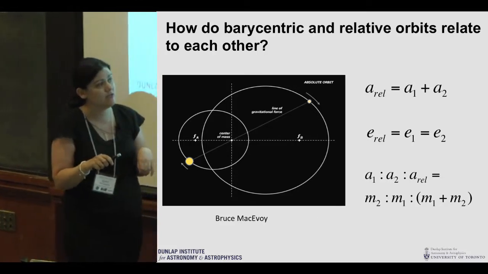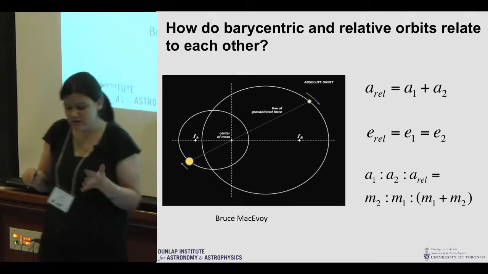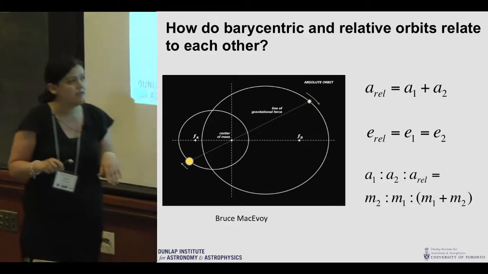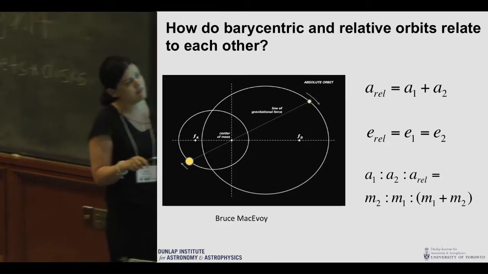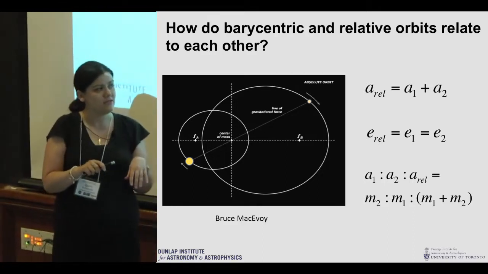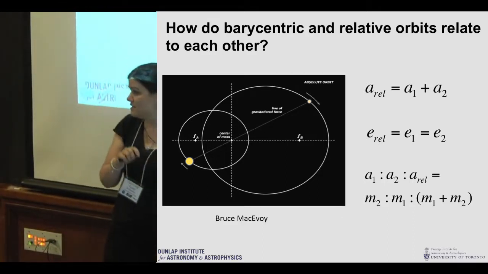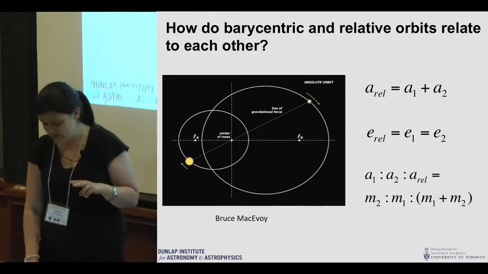And there's a good ratio between the semi-major axes, which are fairly easy to measure, and the actual component masses and the total system mass. You can see that the A1, A2 to A relative ratio is equal to M1, M2 to the total system mass. This is useful in case you have the ability to convert between the two kinds of orbits.